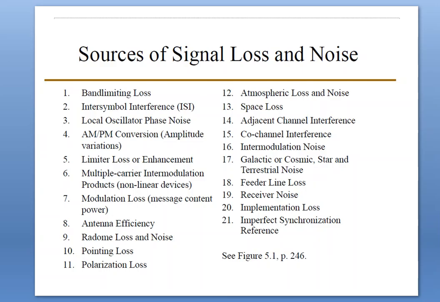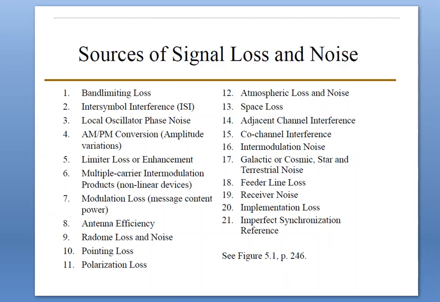Coming to the sixth one, multiple carrier intermodulation products. When several signals having different carrier frequencies are simultaneously present in nonlinear devices, such as TWT, traveling wave tubes, the result is a multiplicative interaction between the carrier frequencies, which can produce signals at all combined sum and difference frequencies.